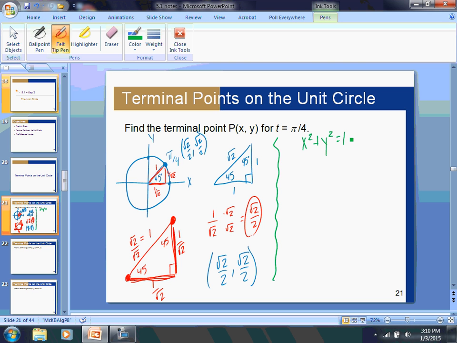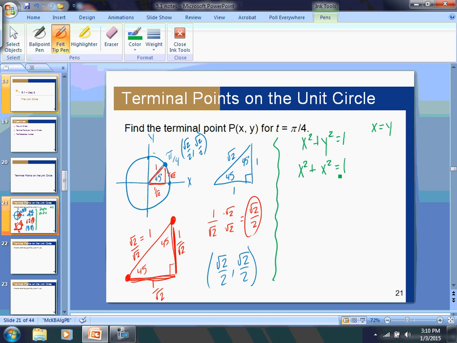So we know that our x distance has to equal y. So if I know that, then I can just substitute x for y, because those distances are going to be the same because I'm going halfway between 0 and 90. So the distance that I'm traveling here and the distance that I'm traveling here, they're the same.